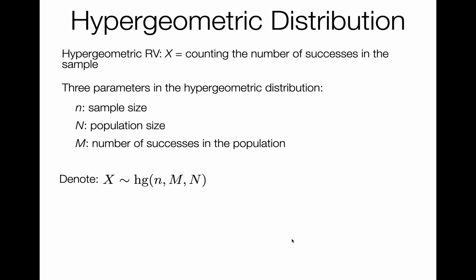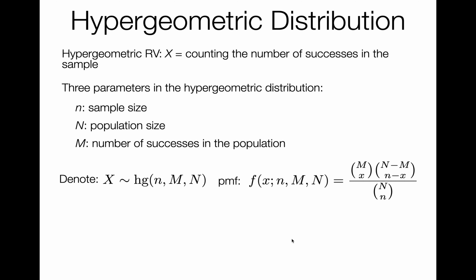Remember, the tilde says in words "is distributed as." So here X is distributed as hypergeometric with a sample size of little n, number of successes in the population capital M, and population size capital N.